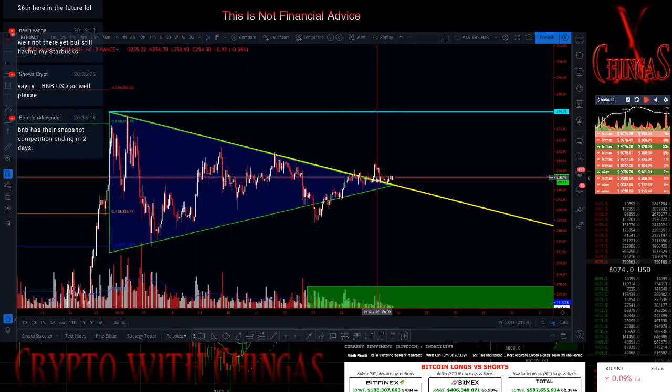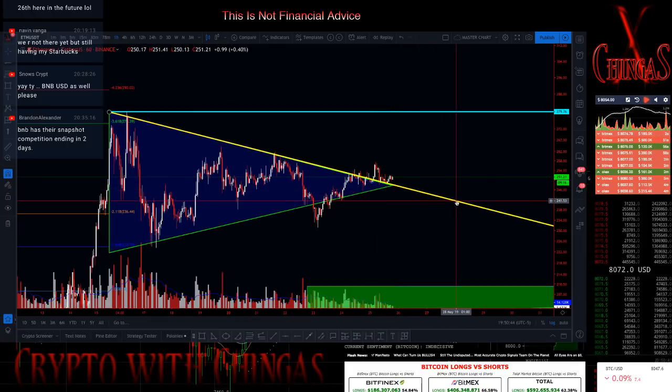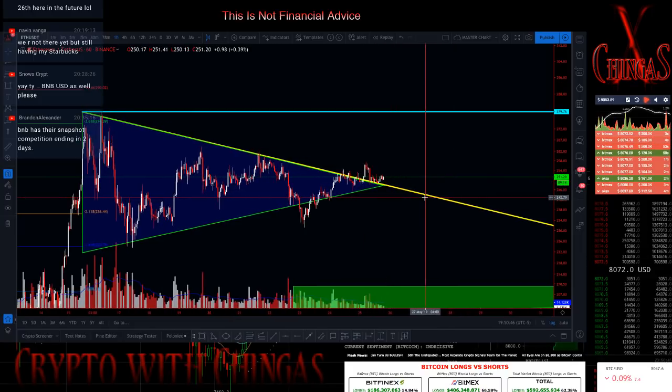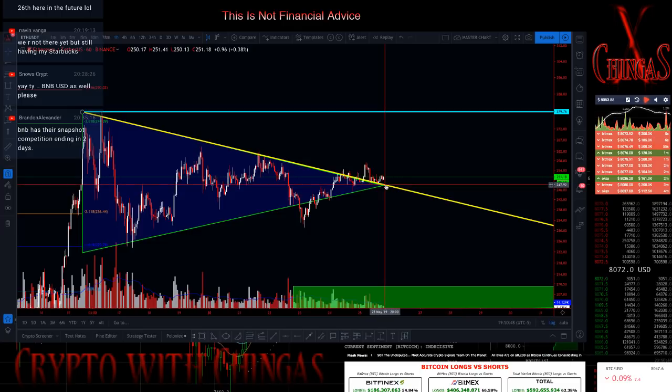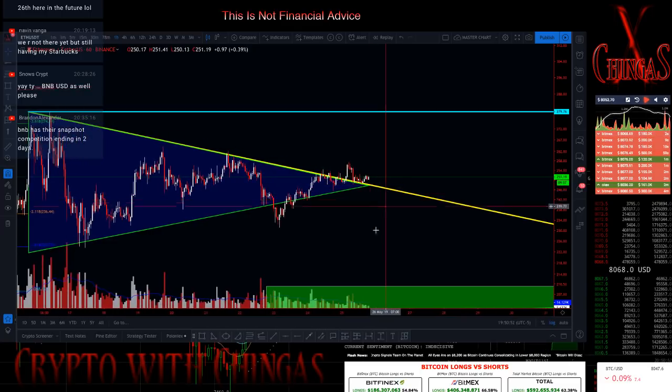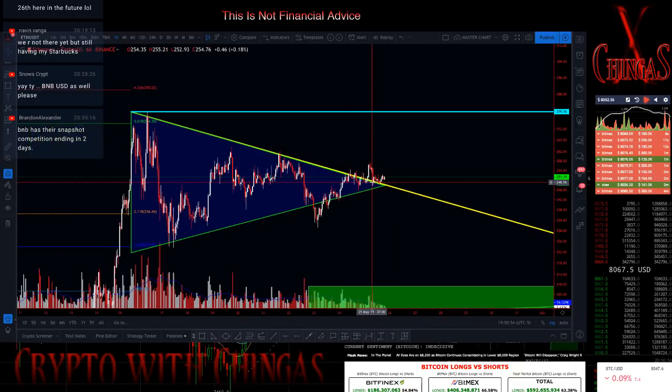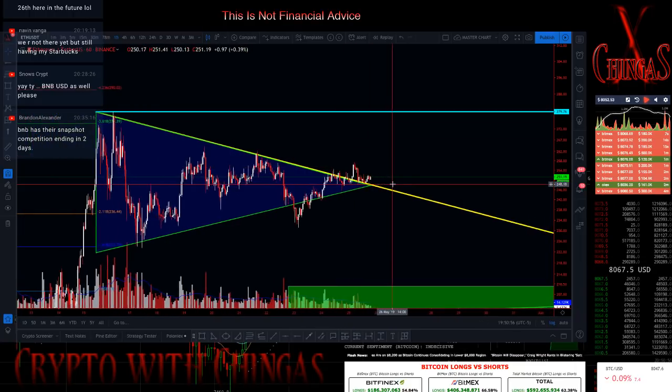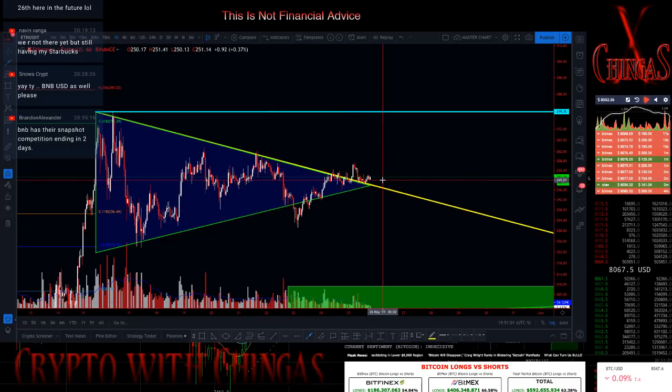So now, if you have a support line, basically you have a stop loss, right? You have an indication of where you want to get out of the trade if it goes the wrong way. So that being said, and you were long on ETH, you could take a trade that would look similar to this.